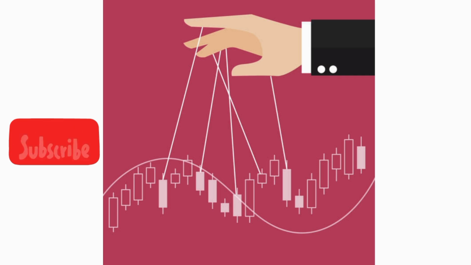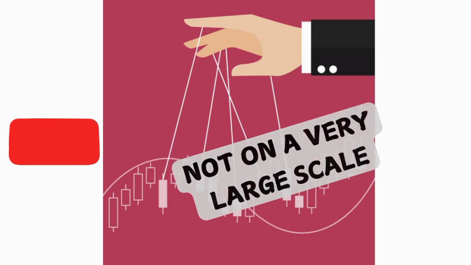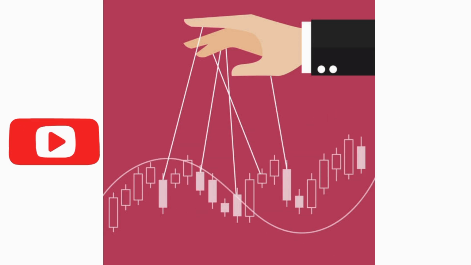The big problem with developing countries is that their citizens do not invest or trade through stock markets on a very large scale. Now it is not that the citizens of developing countries stay away from stock markets. Even these citizens trade or invest through stock markets, but not on a very large scale.